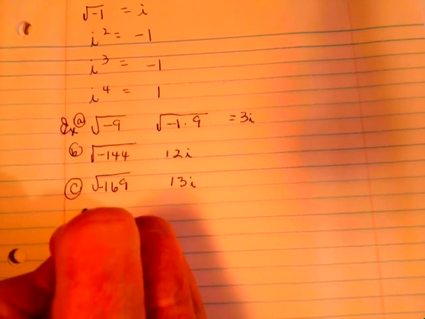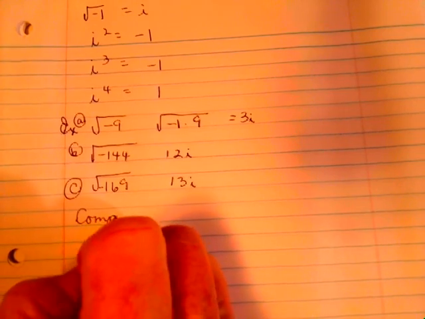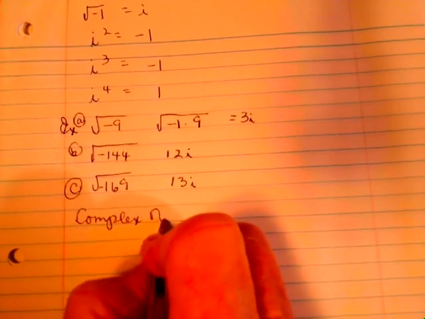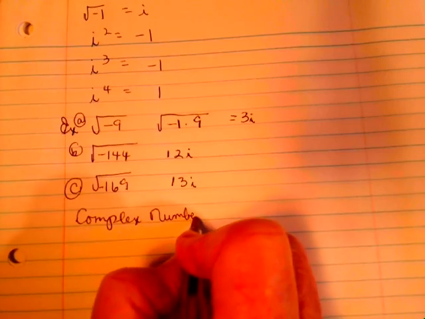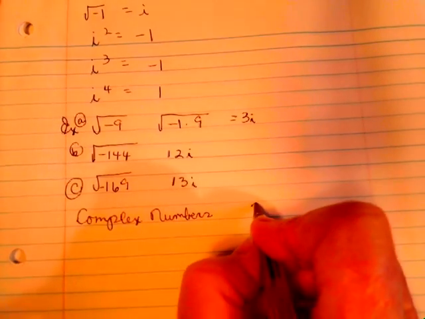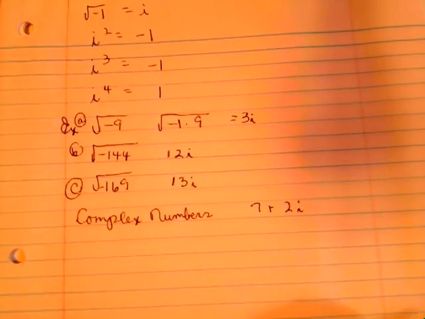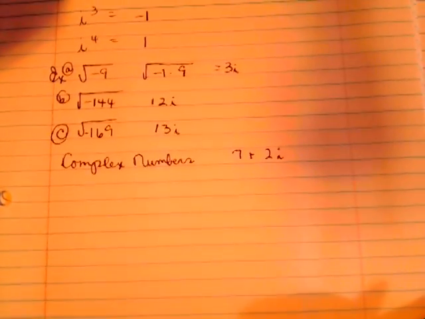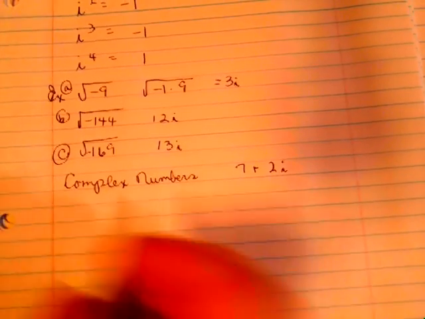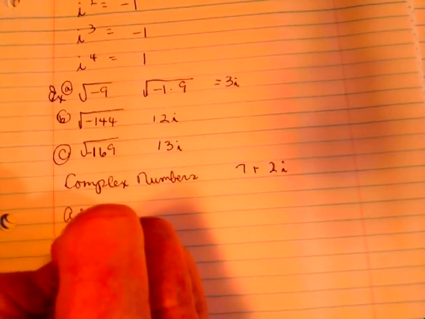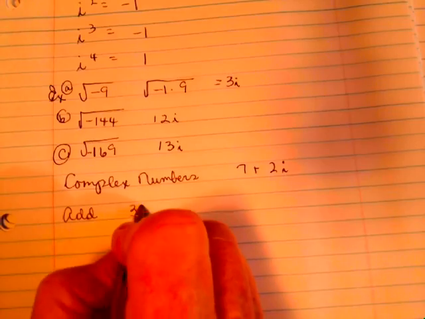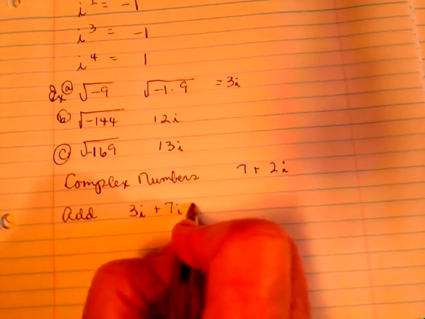Complex numbers. If you have a real part and an imaginary part, it's called complex. 7 plus 2i is an example of a complex number. You can add these. 3i plus 7i is 10i.